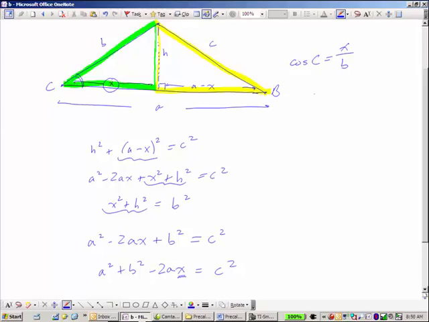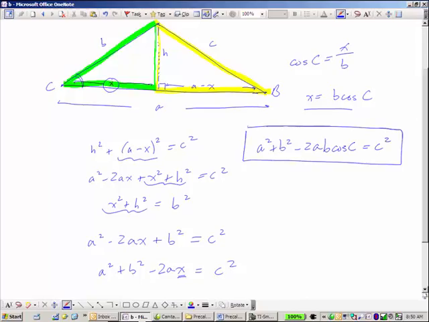So, in other words, x is equal to b times cosine C. And now I'm done. I have a squared plus b squared minus 2a, but instead of x, I'm going to write b cosine C is equal to c squared. And this is a relationship known as the law of cosines.